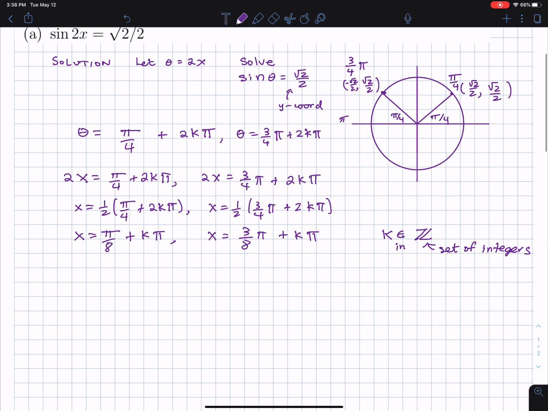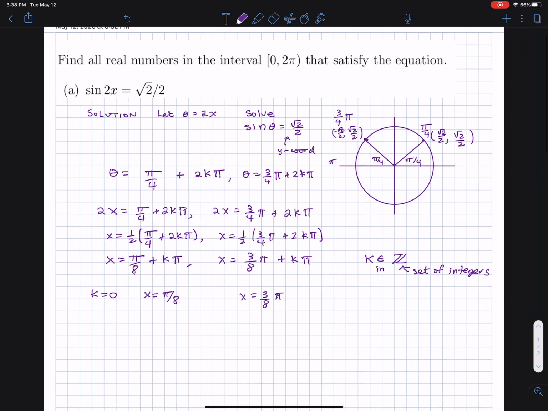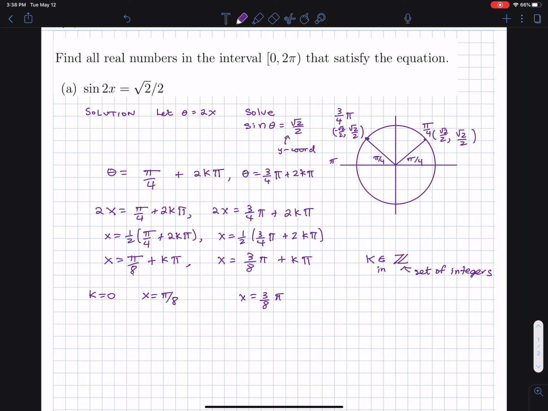Okay, now when k is equal to 0, I get x equals pi over 8, and x equals 3/8 pi. Well, what if I put -1? The problem is pi over 8 plus -1 times pi would not be in the interval 0 to 2 pi. That number would be less than 0.